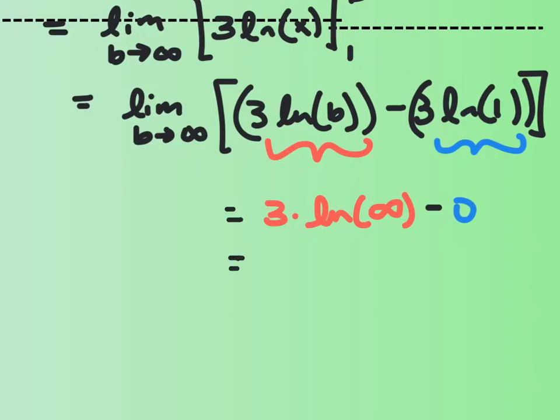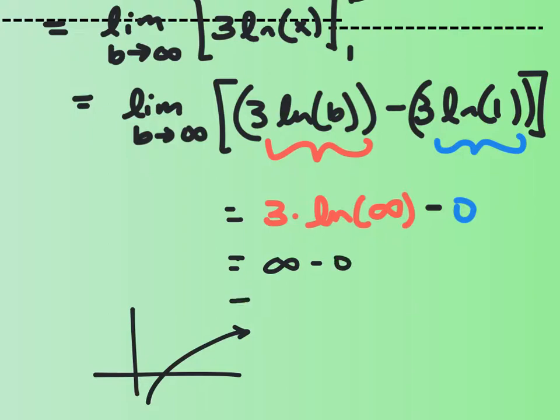Therefore, 3 times the natural log of infinity, what's happening to the natural log as it goes to infinity? Well, it keeps climbing slowly, but it will still go to infinity. So this will be infinity minus 0. 3 times infinity is still infinity, and therefore we cannot estimate or come up with a finite value for the area under that curve.